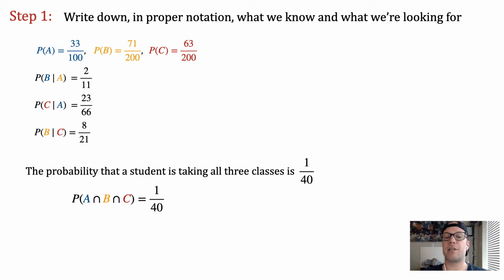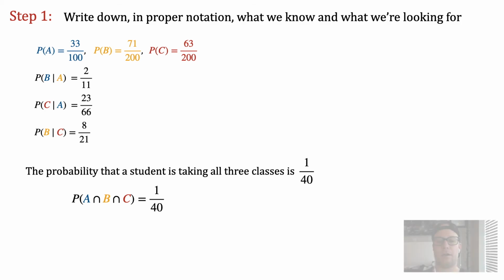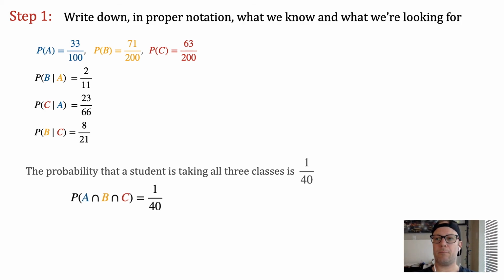We can also read this as the probability of A and B and C equals 1 over 40. All right, and we can tuck that away now.